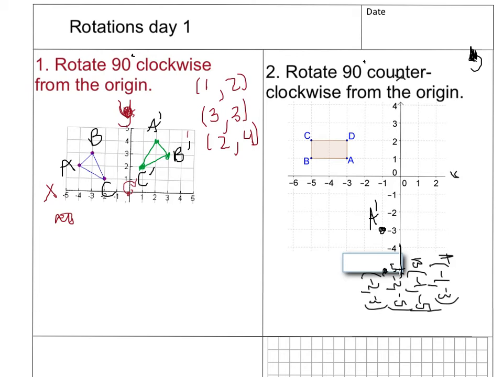So here is my new B prime. C is at (-2, -5), so this is my C prime, and D is right up here. So there you have it. It's been rotated 90 degrees counterclockwise.